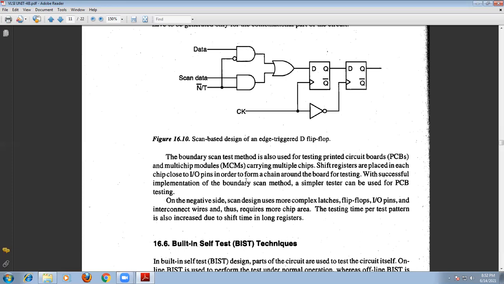So this requires more chip area. That means the testing time per test pattern is also increased due to shifting time and long registers. That is the main disadvantage of the scan-based technique.